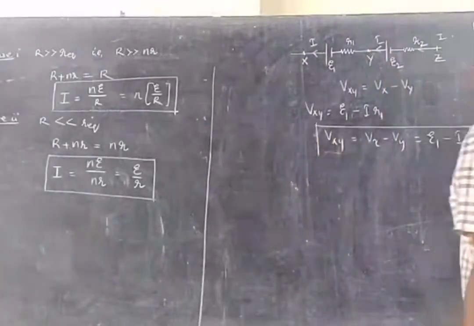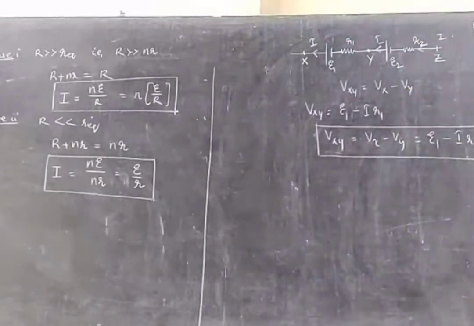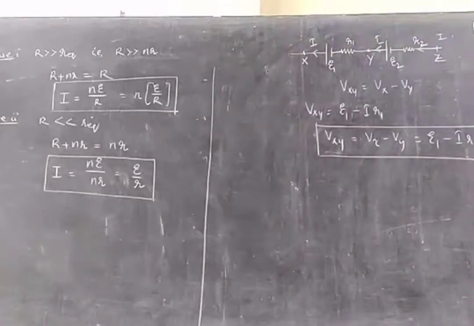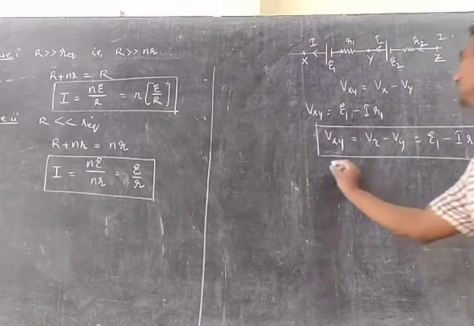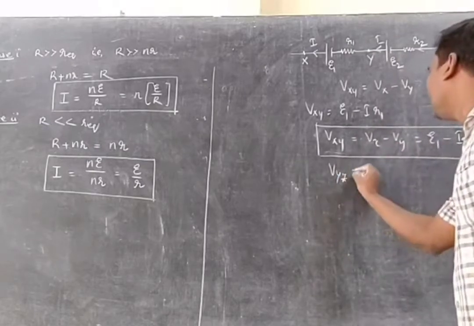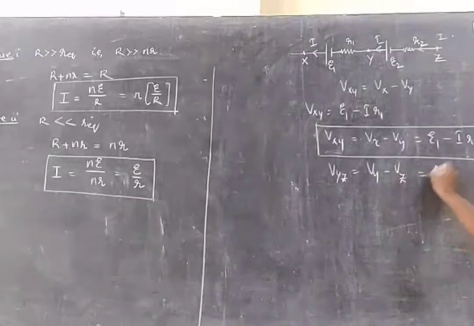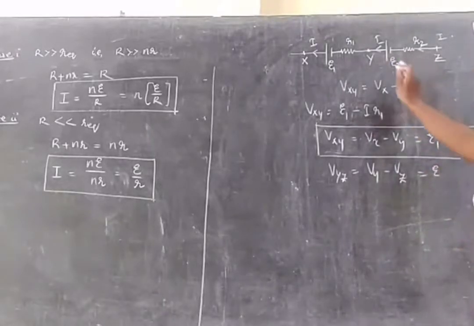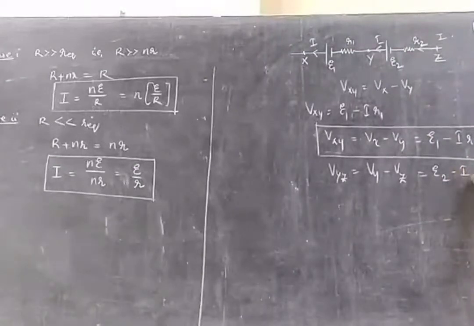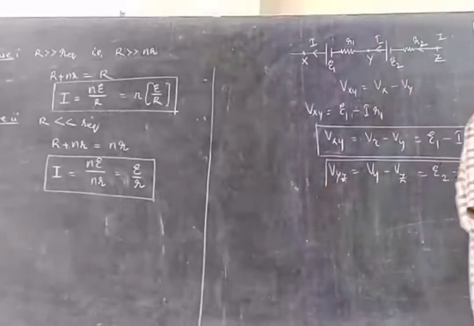Now similarly for YZ, the potential difference across YZ can be written as Vy minus Vz, which is equal to the EMF across YZ, E2, minus the current I times the resistance R2.